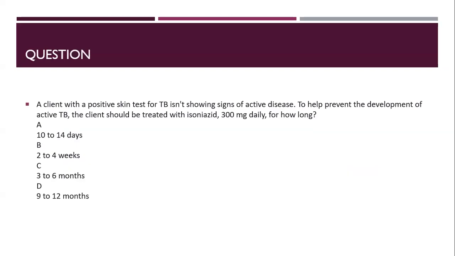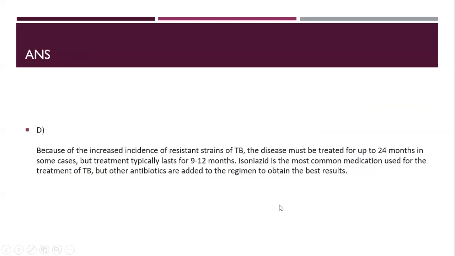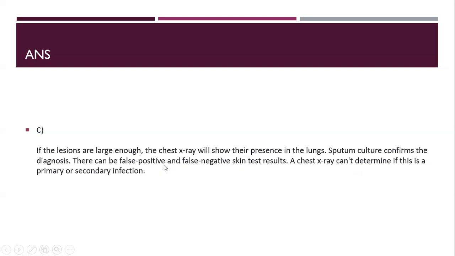For the previous question, the answer was C, not A. If you need something to confirm the diagnosis, I told you it is sputum culture. So here we do the X-ray to see the extent of the lesion. If the lesions are large enough, the chest X-ray will show their presence in the lungs.